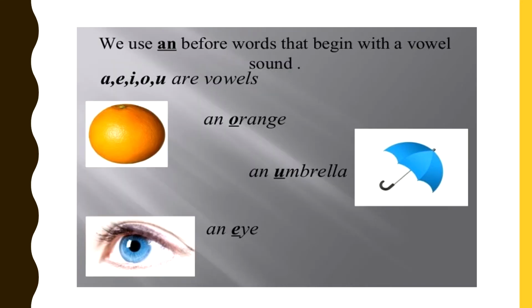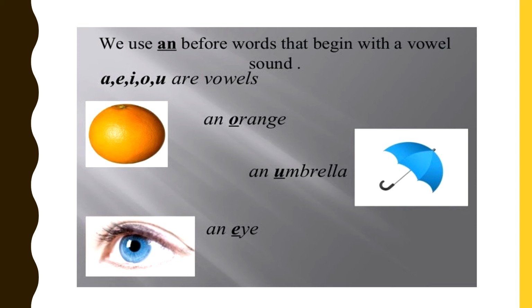So here I'm sharing some more examples with you. We use an orange, an umbrella, an eye. Here there is no confusion. The words have vowels in them and the same vowels have their own sound.